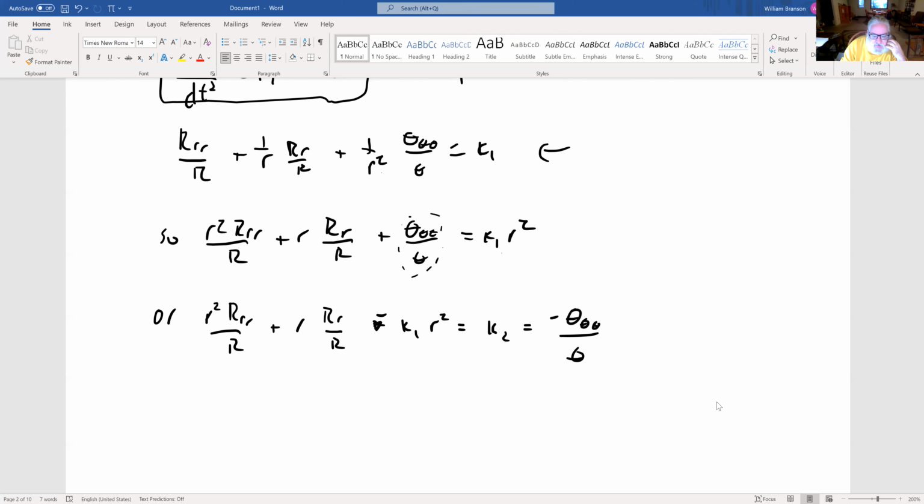So that separates the R's and the theta, and we pick up a second separation constant, which is K2.